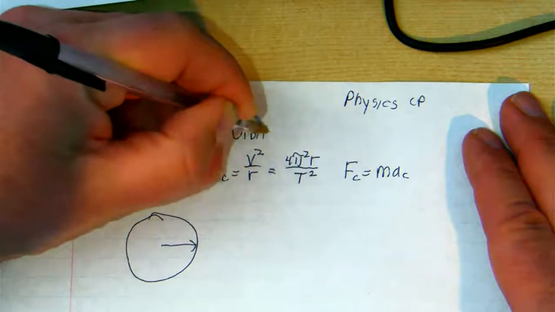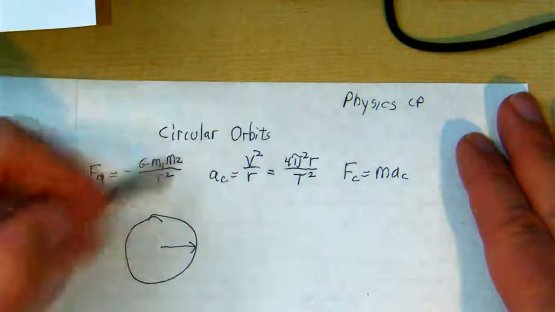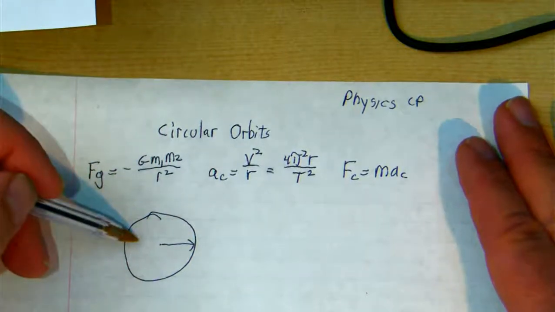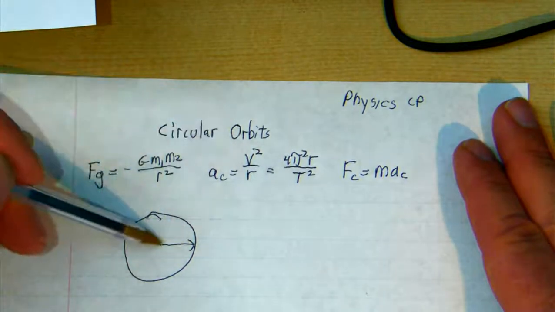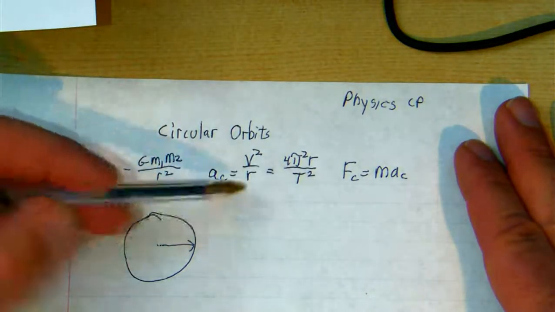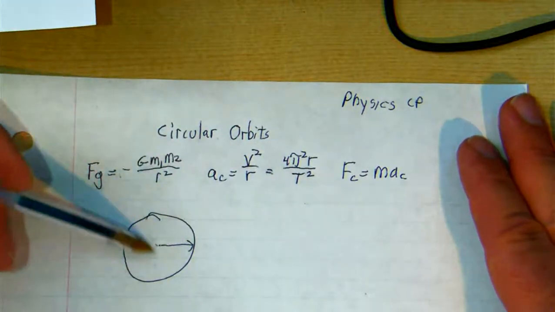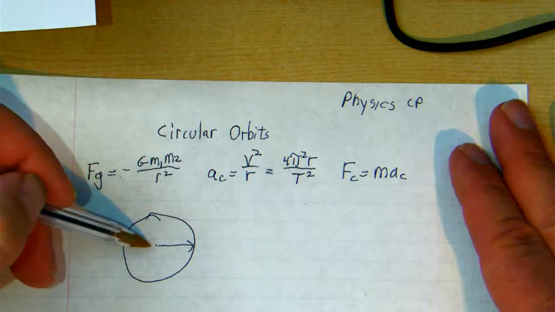Circular orbits, circular motion, orbits, or moving something around on a string or an amusement park ride, orbits when the only centripetal force is caused by gravity, circular motion regardless of what's causing the inward seeking force, the center seeking force.